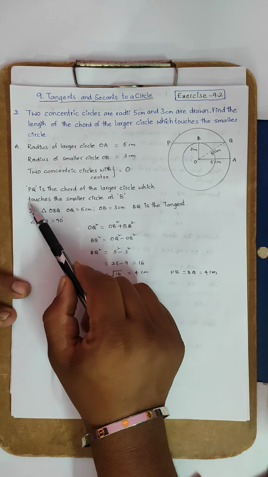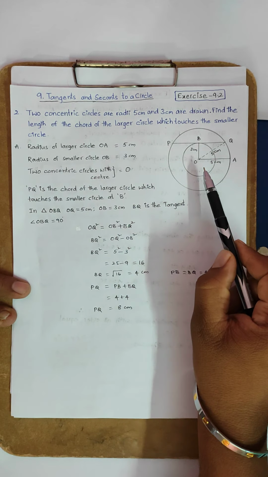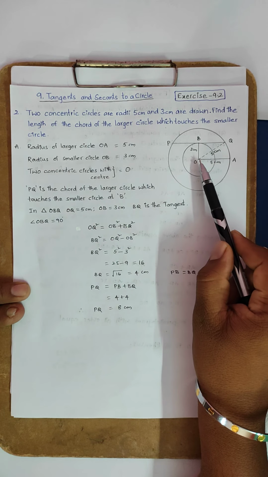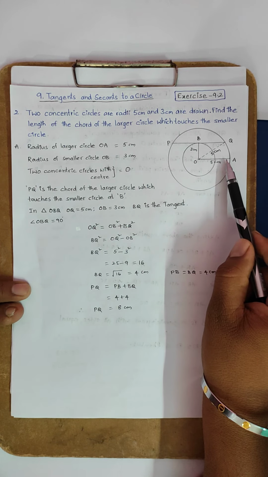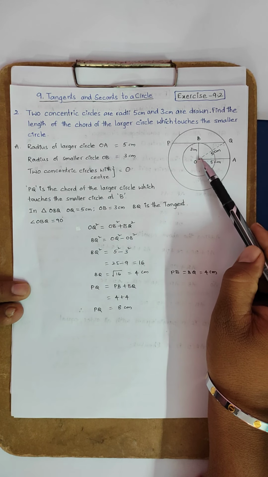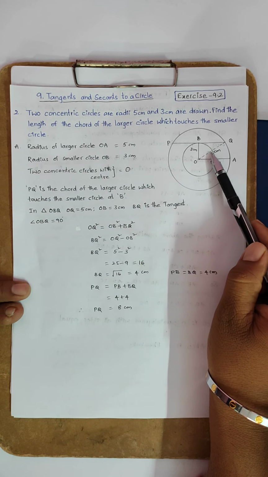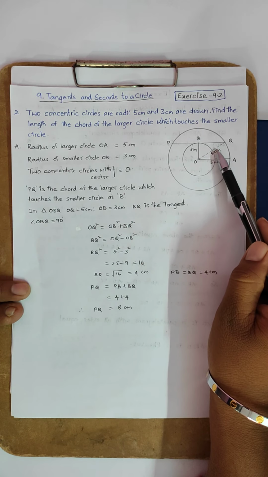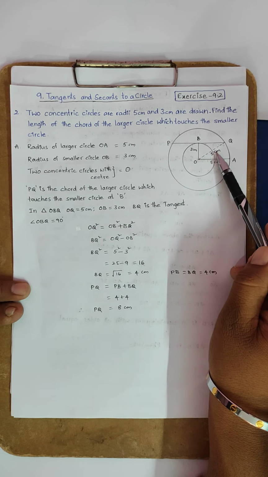Now in triangle OBQ, observe here OA is the radius of the big circle, OB is the radius of the small circle. Now draw a line from O to Q. This line is also a radius of the big circle, 5 centimeter.